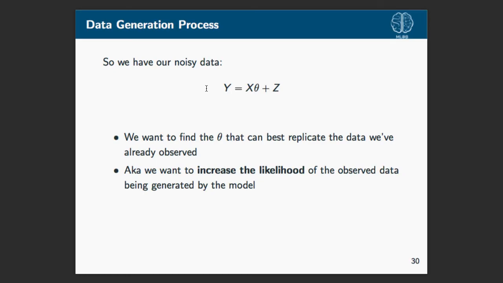So in other words, we want to increase the likelihood of the observed data coming from our model. If our model takes in these x's and produces these y's, we want to increase the likelihood of creating good y's. That's what we want to optimize the theta to be.